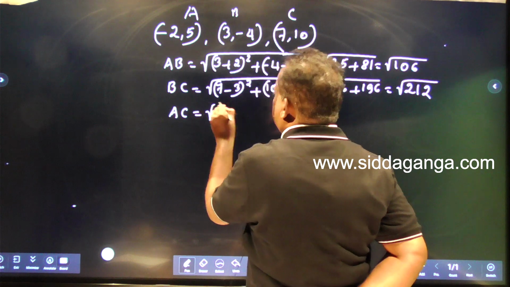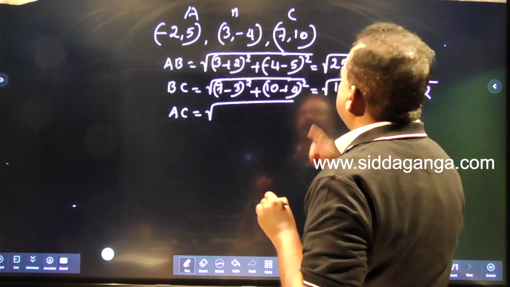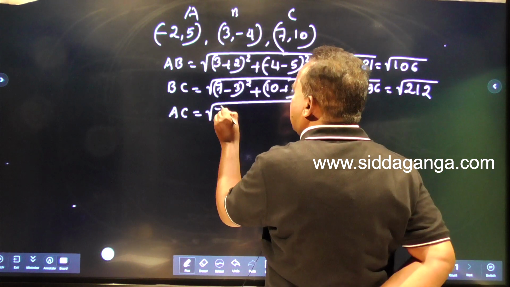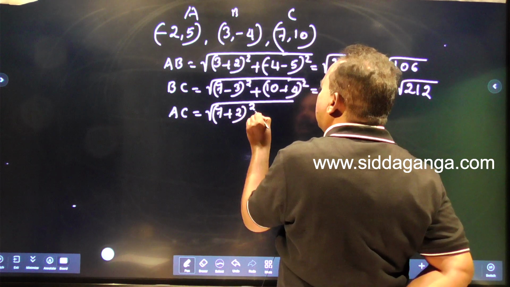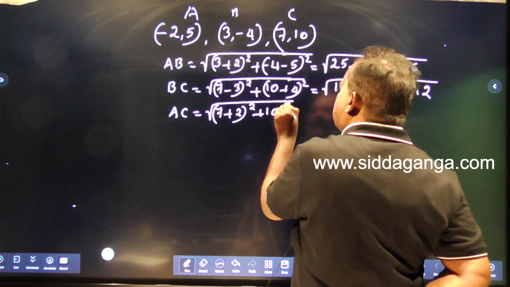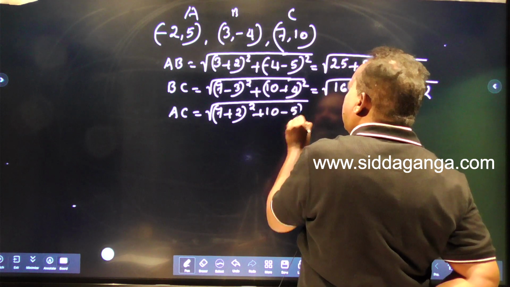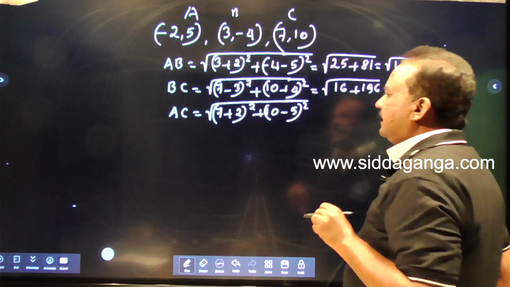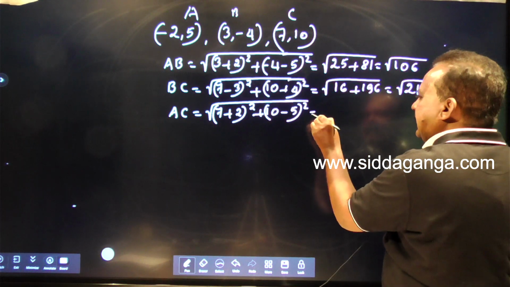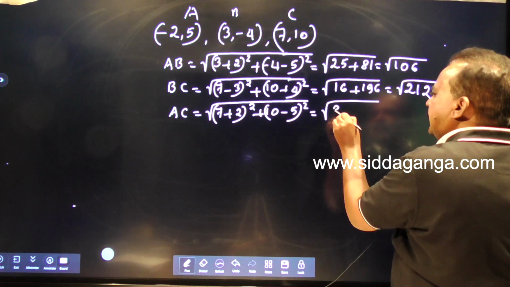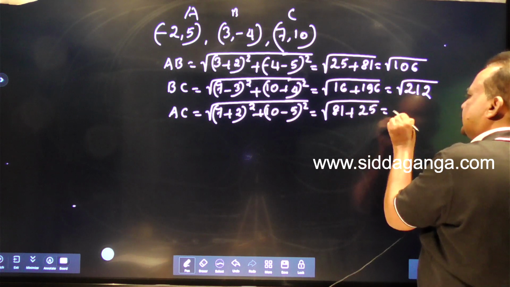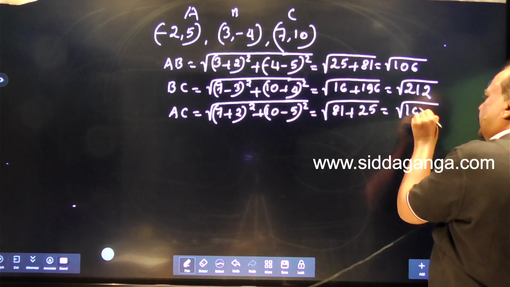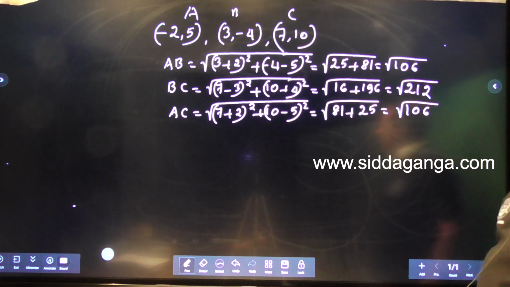What is AC? Square root of 7 minus of minus 2, plus 2 whole square, plus 10 minus 5 whole square. 7 plus 2 is 9, its square is 81. 10 minus 5 is 5, its square is 25. So that gives you root 106.